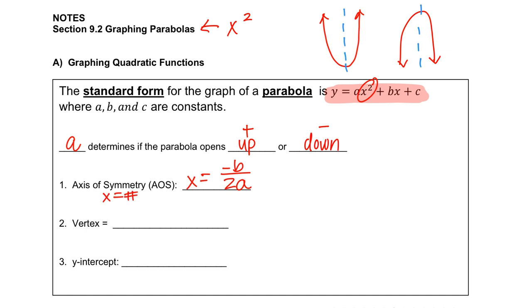And so when I plug in b and a to that formula, it gives me the number that the line is equal to. This axis of symmetry splits the parabola in half.